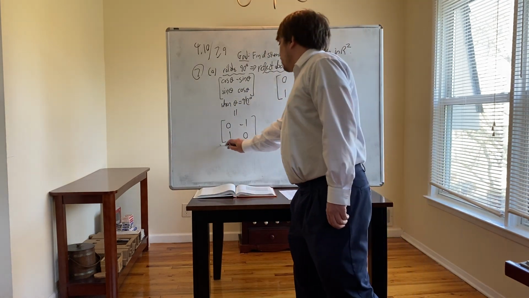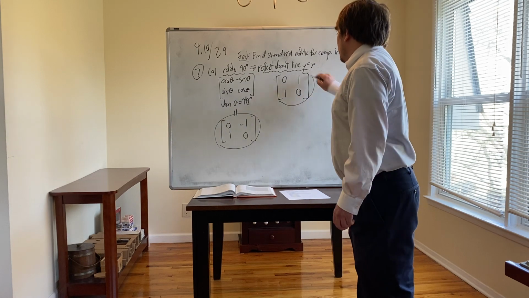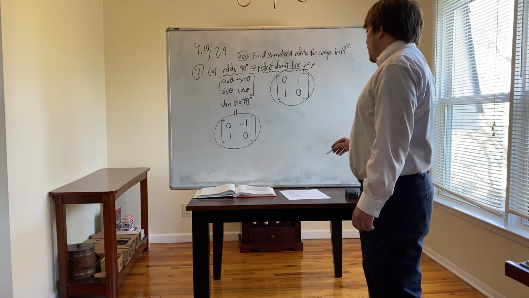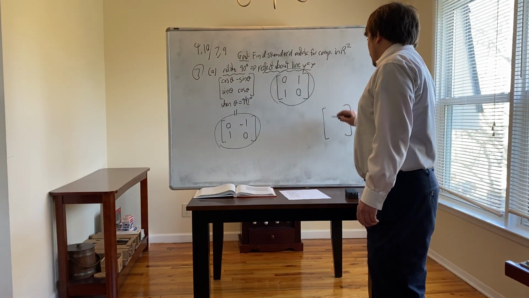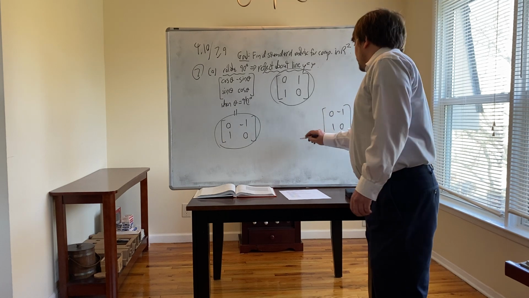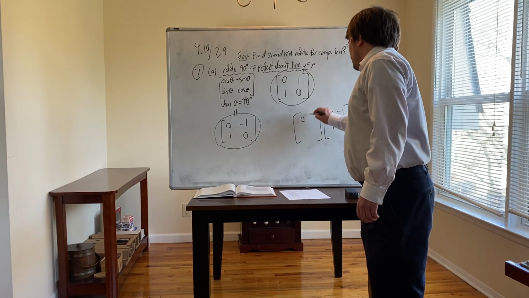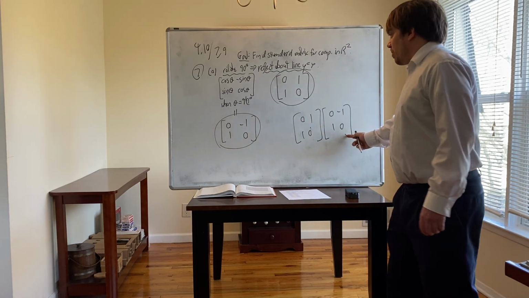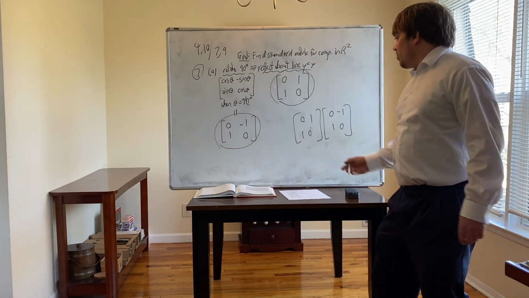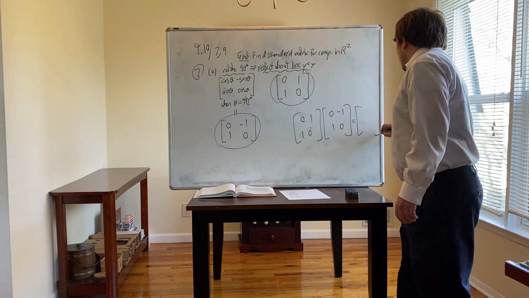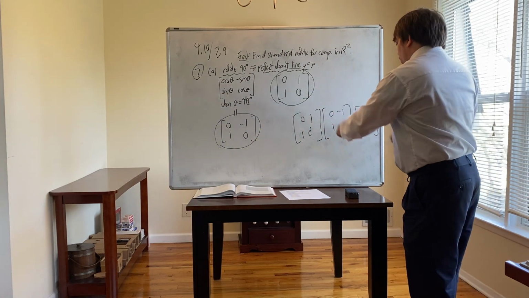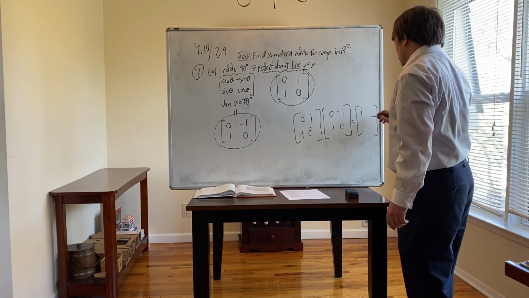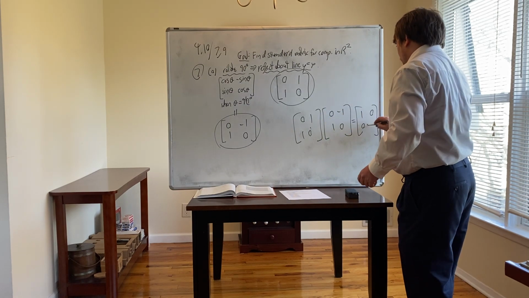Okay, so first you left multiply by this matrix, and then you left multiply by that matrix. It matters the order in which you put these matrices. If you multiply those two matrices in that order, you will get 1, 0, 0, negative 1.